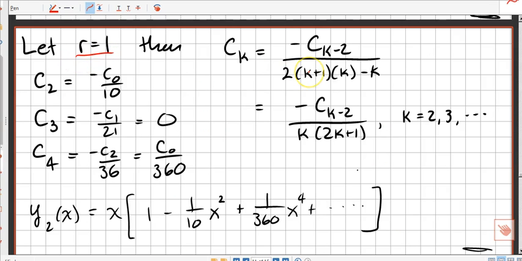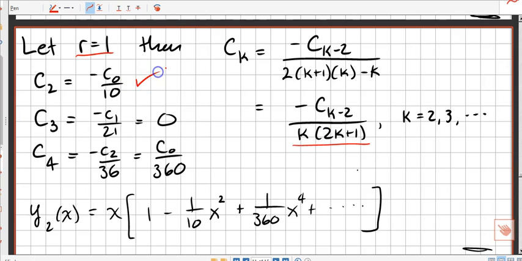And c sub k still equals the same thing, but notice that it cleans up to this again, which is a little bit different than what it was before. So we've got a slightly different formula for c sub k. Once again, c sub 0 is just c sub 0, and c sub 1 is 0 still.